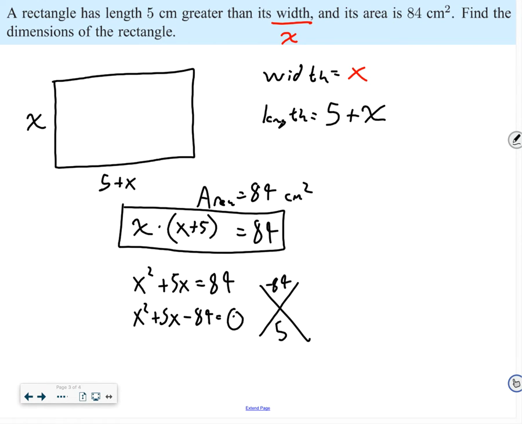So then I think about my factors. 2 and 42 is not going to work. It's not divisible by 3. 84 divided by 8, that's not going to work. And then 6 times 14, that's not going to work.